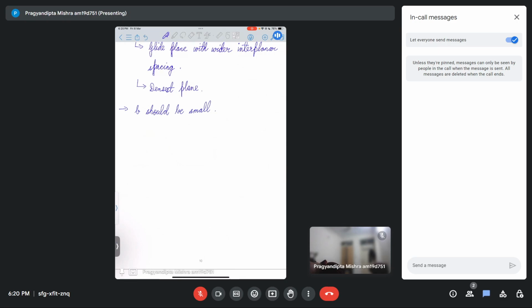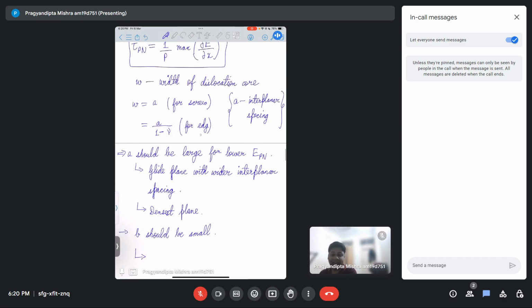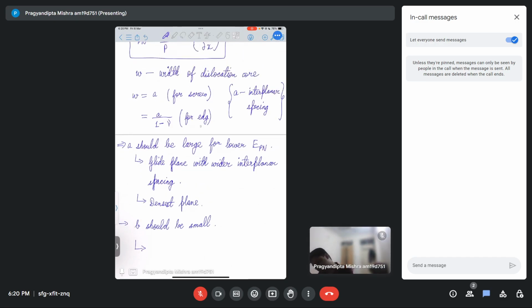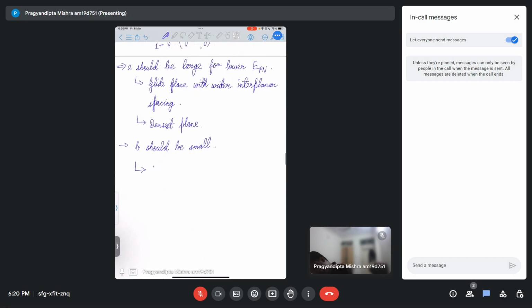So what does that mean in reality? In reality, slip should occur along a direction with shortest lattice translation. That is, the Burgers vector should be small.